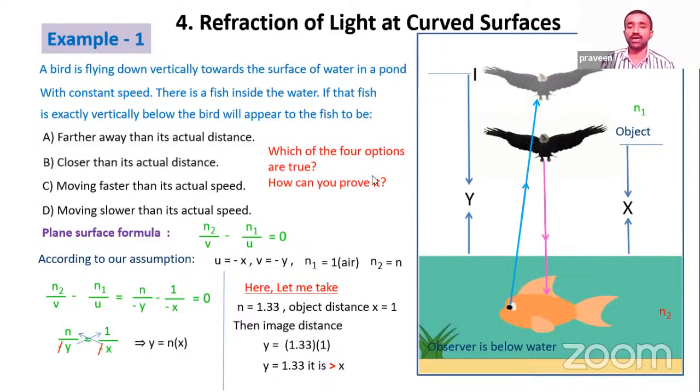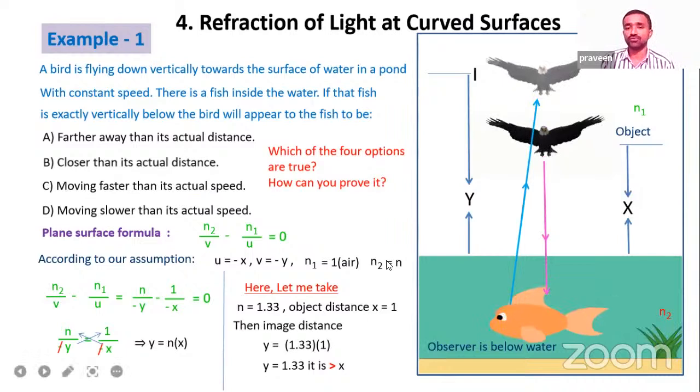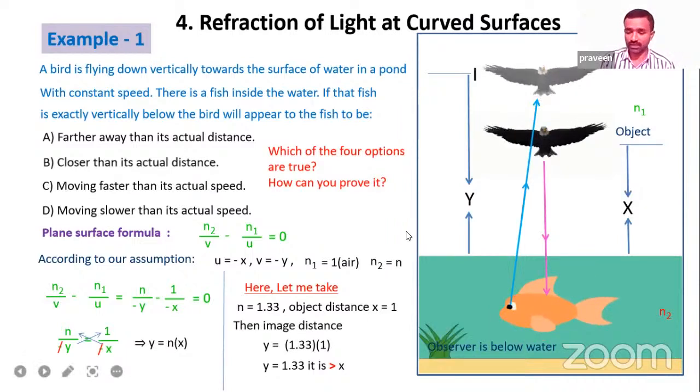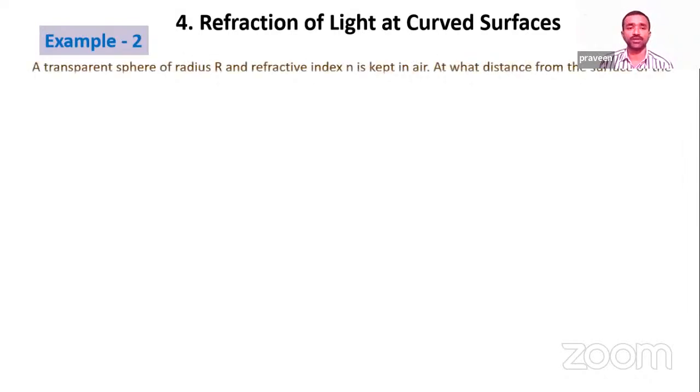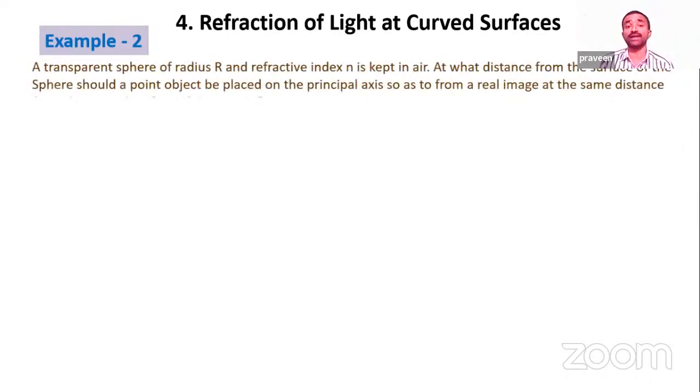Let us move to example 2. What is example 2? It is about observing a transparent sphere having radius r. A transparent sphere of radius r and refractive index n is kept in air.